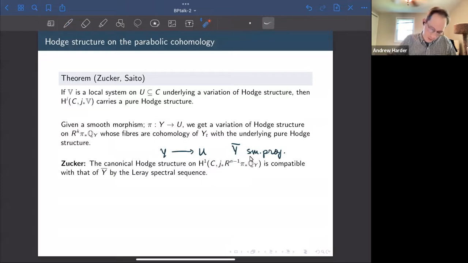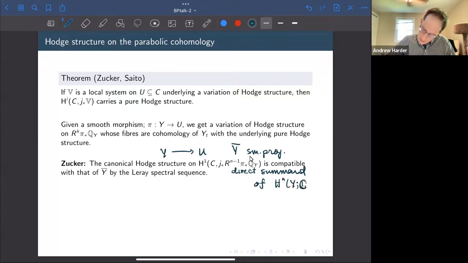So in fact, this is a direct summand of H^n of Y as a Hodge structure.